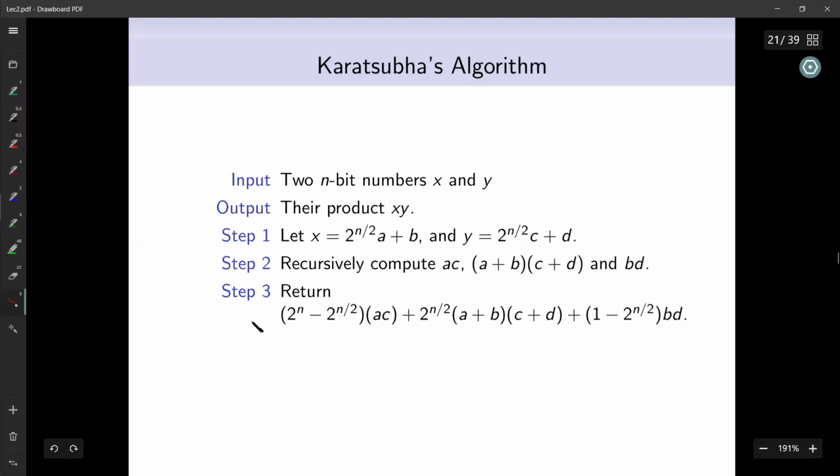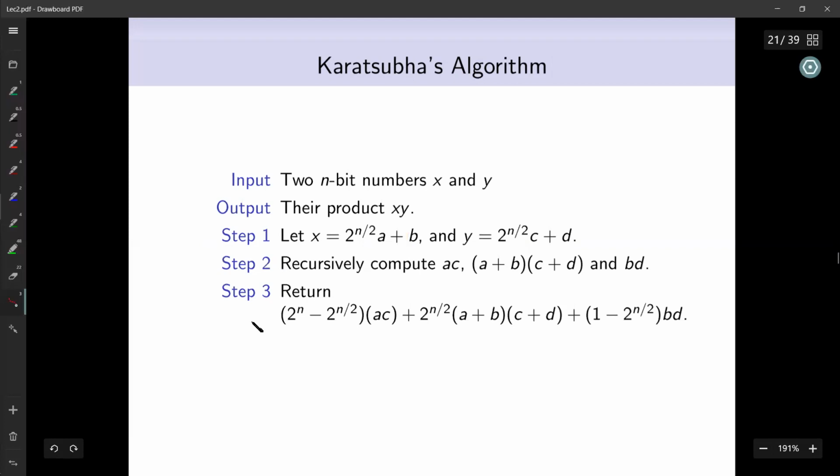So just to make it precise, let's write down the algorithm. The algorithm is simply as follows. Input two n bit numbers x and y. Output should be their product. First step, you write x in this form, y in this form, by taking the first n by 2 bits and representing it as number a, the next n by 2 bits, the least significant n by 2 bits, as b.